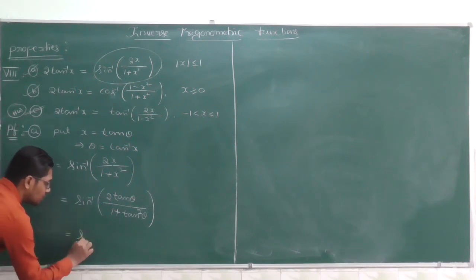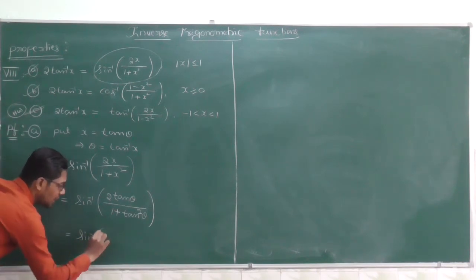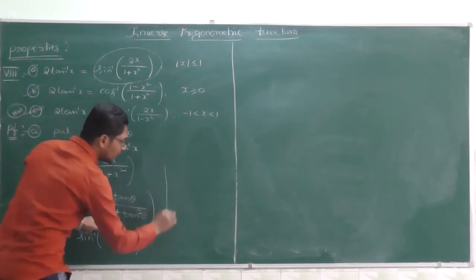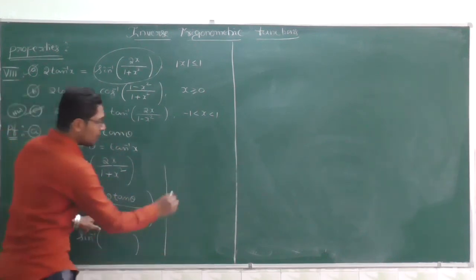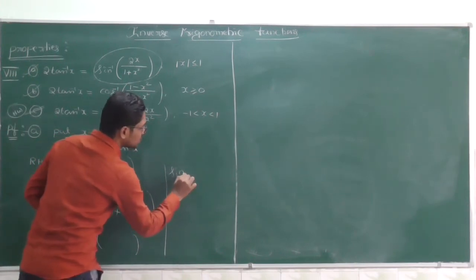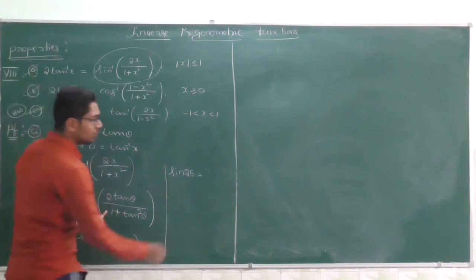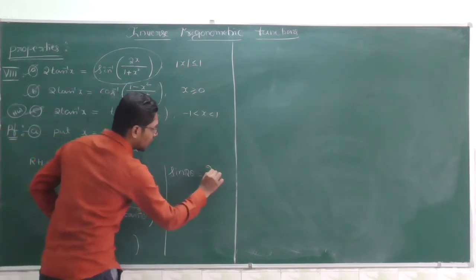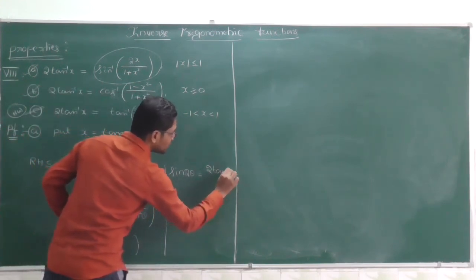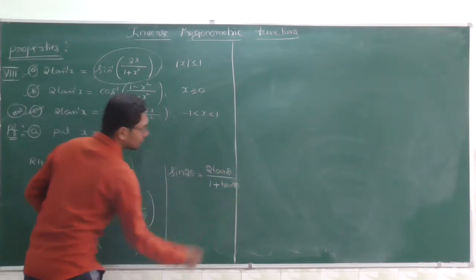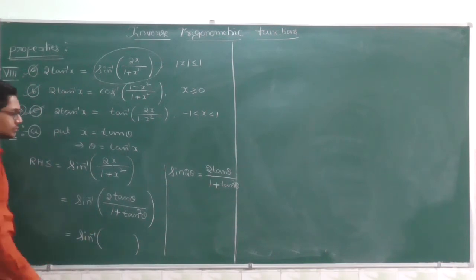That is equal to sin inverse of. We know that in our trigonometry we have the formula that sin 2 theta equals 2 tan theta divided by 1 plus tan square theta.